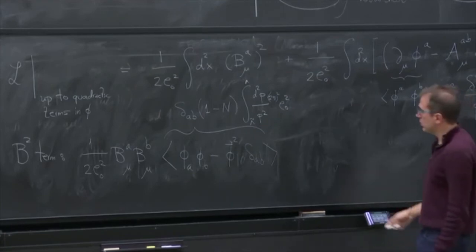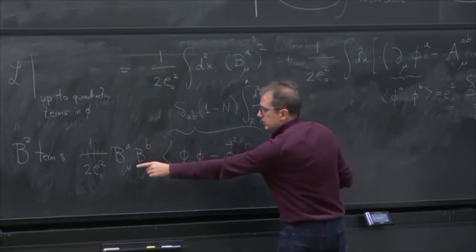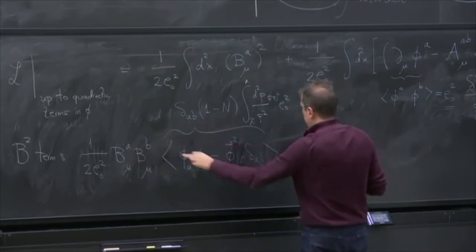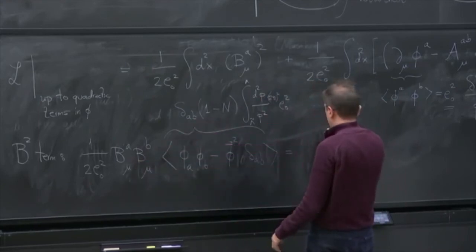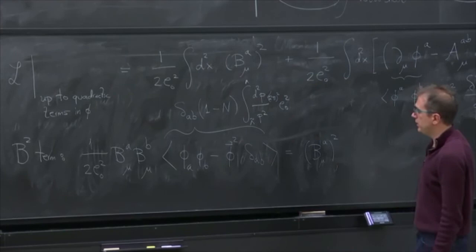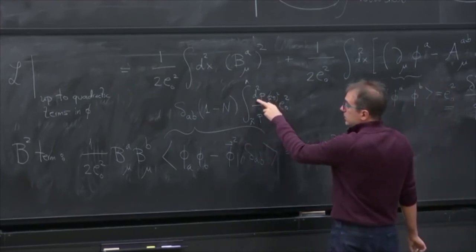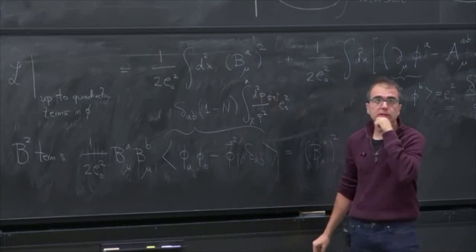And so in total, E0 square cancels E0 square. Delta AB just gives me B mu A square when I have the delta AB. The E0 square cancels. Now the d2p, let's see.